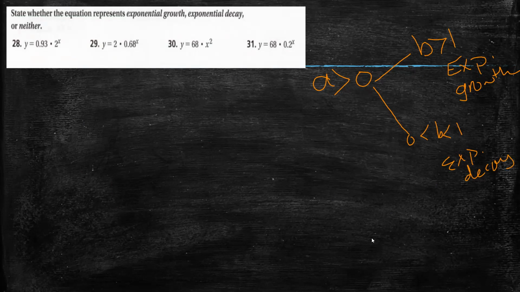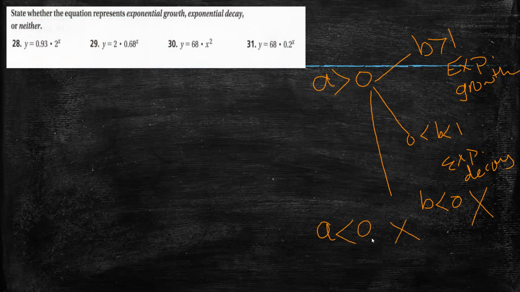And if B is less than 0, you will say it's neither. And if A is less than 0, you will say it's neither too. So look at the first one. What is the value of A? It is 0.93. Is it greater than 0? Yes.